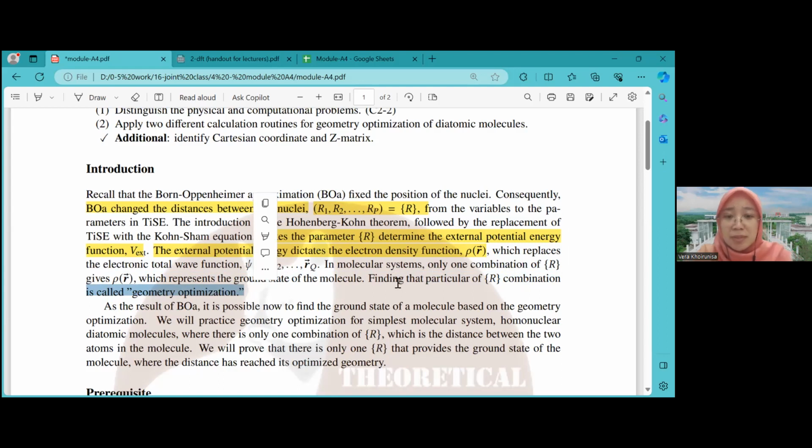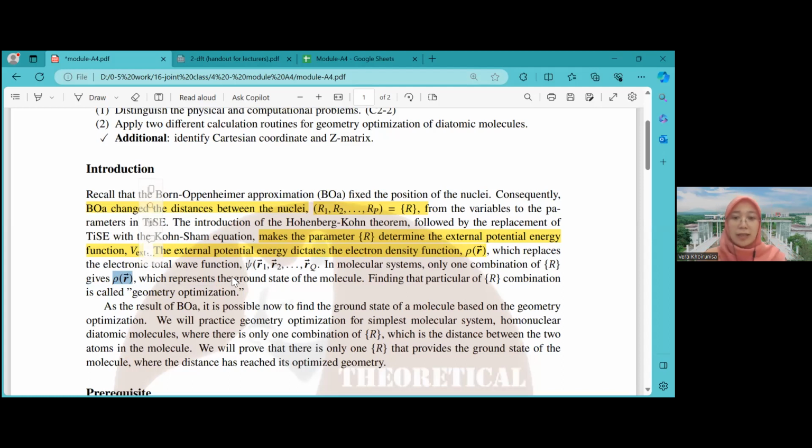Geometry optimization is finding the only one combination of R that gives ρ(r), which represents the ground state. How to find it? We need geometry optimization.